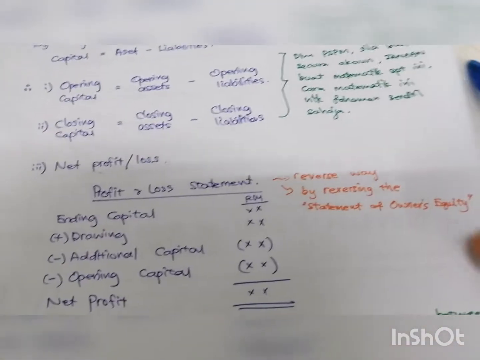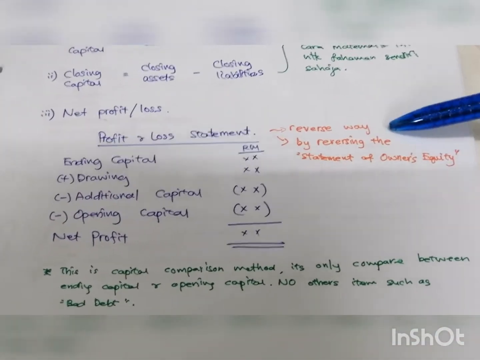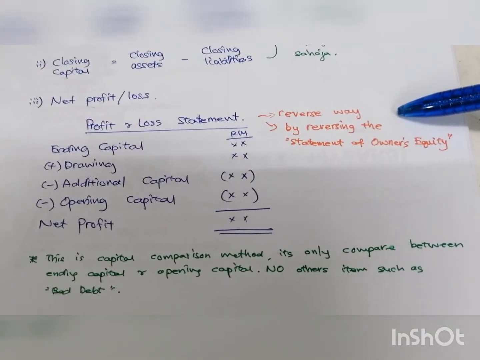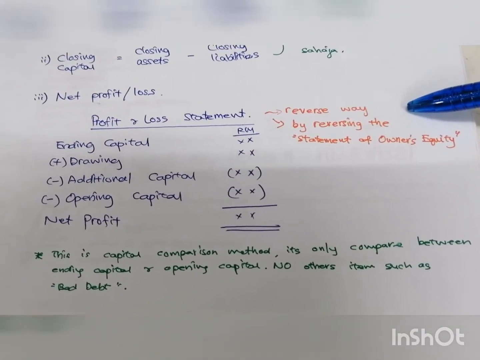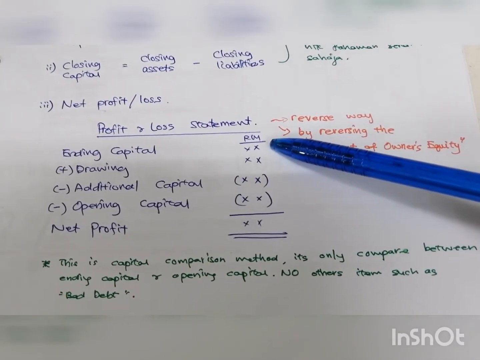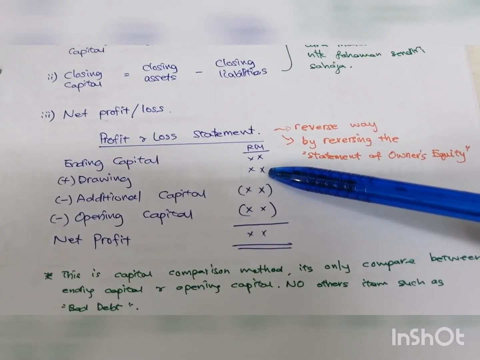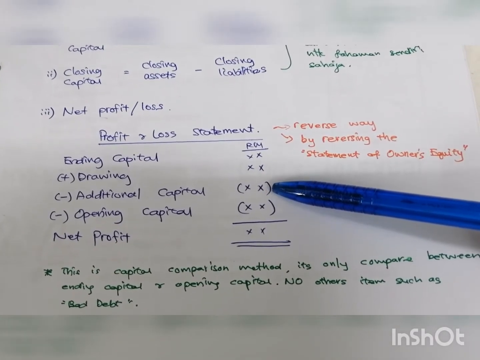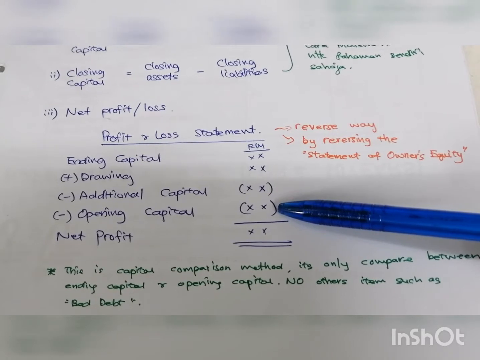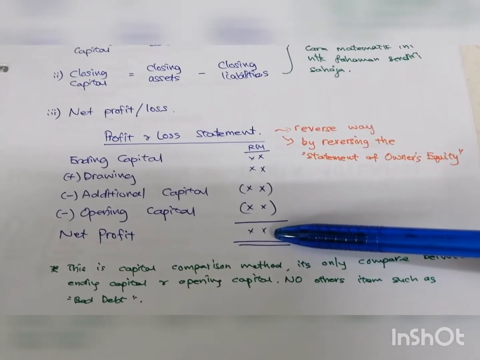Okay, so for profit or loss, as you see here, in the profit or loss statement, we may use the ending capital plus drawing minus additional capital minus opening capital, then we get your net profit.